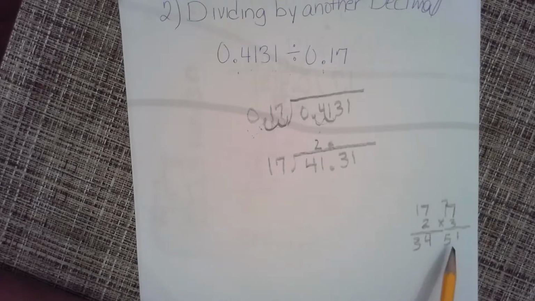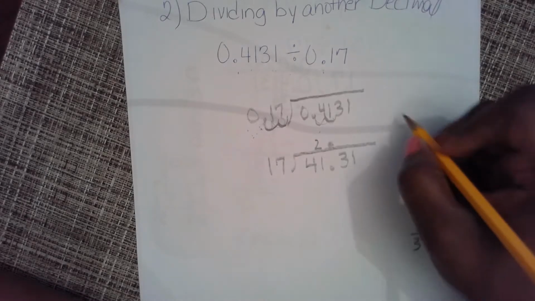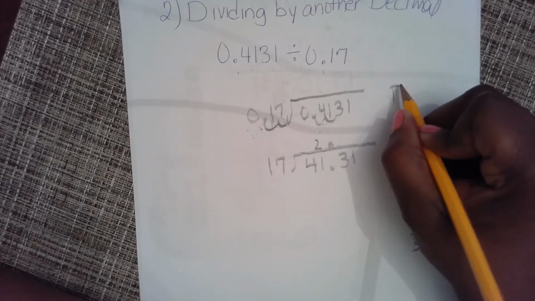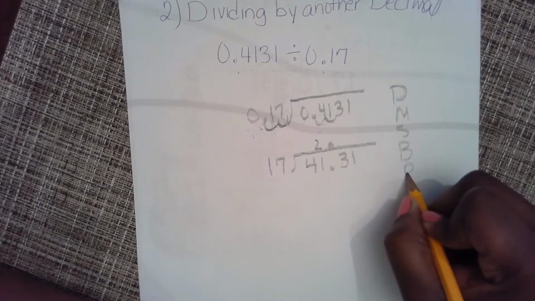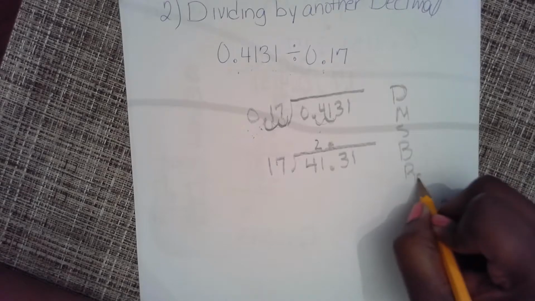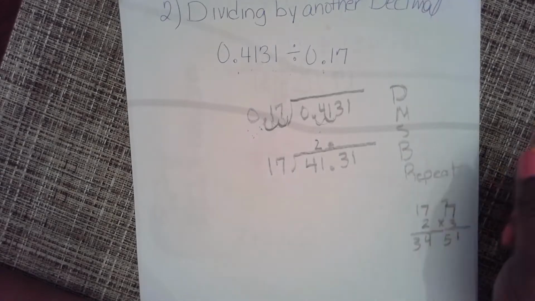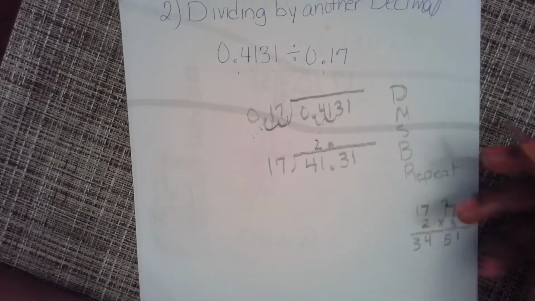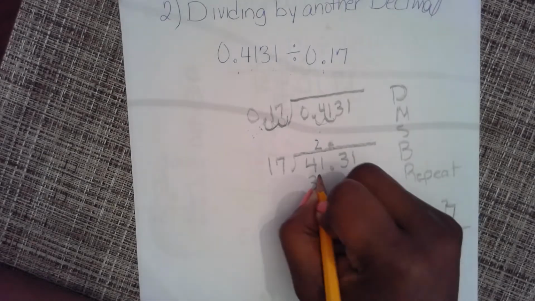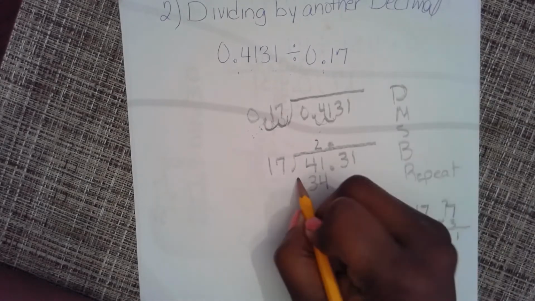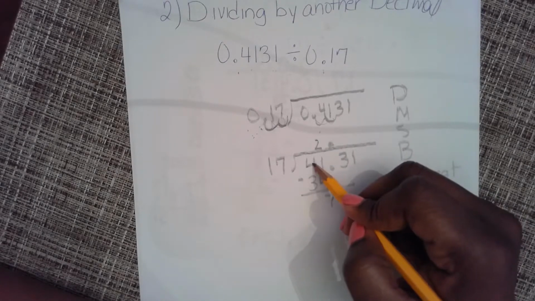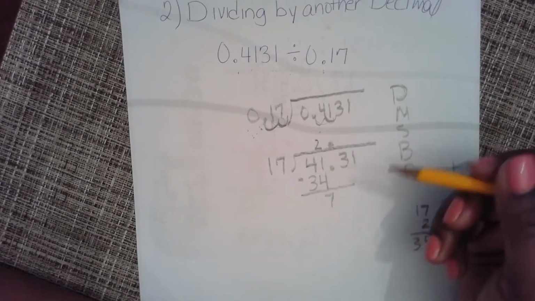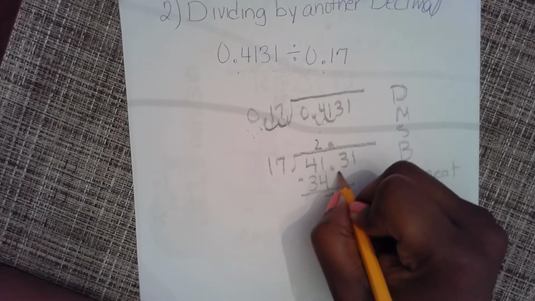So that's too high, so it goes in twice. We're still dividing like normal, so I'm still using my DMSB: divide, multiply, subtract, repeat, subtract, bring down, repeat. So we divided, now we multiplied. Let me write my 34. Now we subtract. 11 minus 4 is 7. With regrouping, this becomes a 3. So that's 0. Now I bring down my 3.